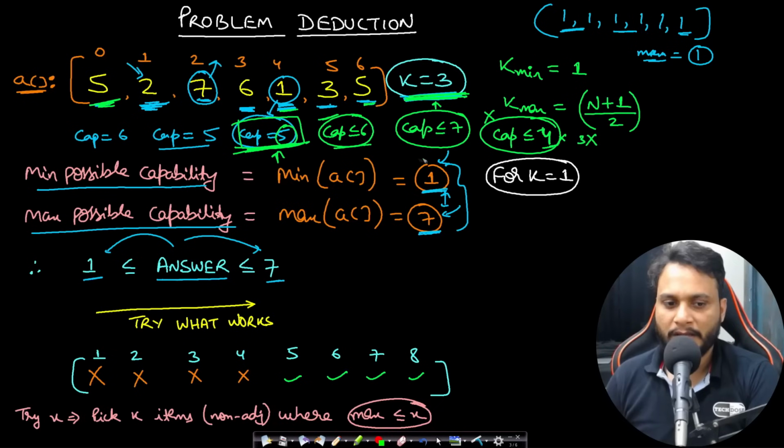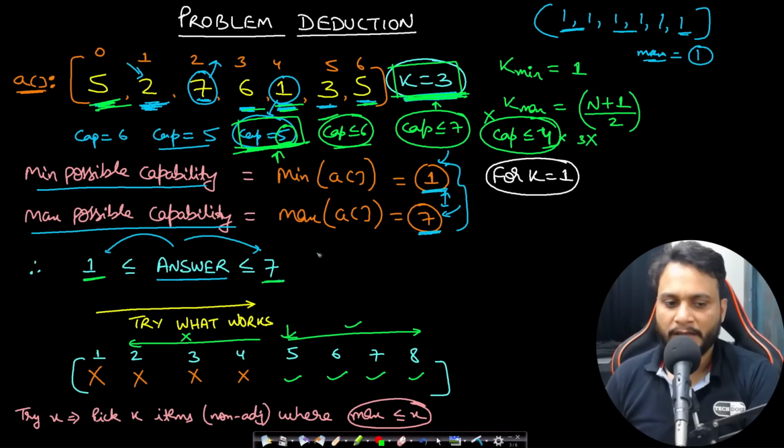So any value less than 5 will not be possible, 4 will not be possible, 3 will not be possible, and so on. So if I know that the answer will lie in the range of 1 to 7, and if I have to pick k items from this array according to the non-adjacent selection condition, and I got the minimum capability to be 5, then anything lower than 5 is not going to work for me, and everything from 5 and beyond will always work for me, because you can always return the same combination for them, right? 5, 1 and 5.